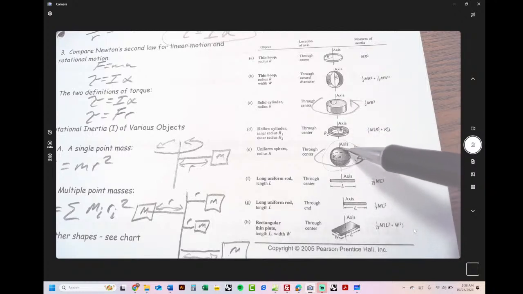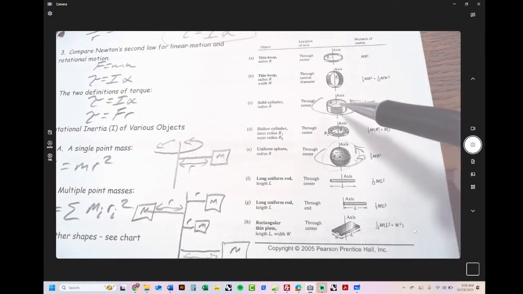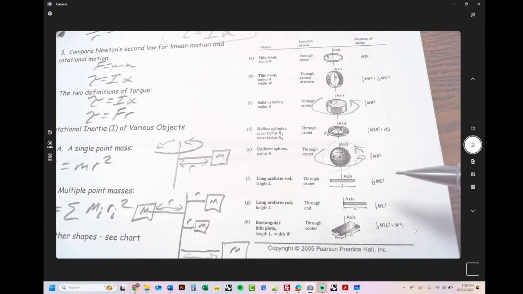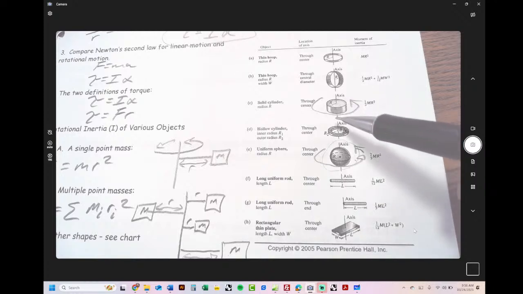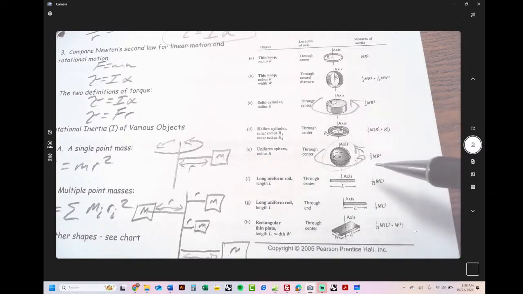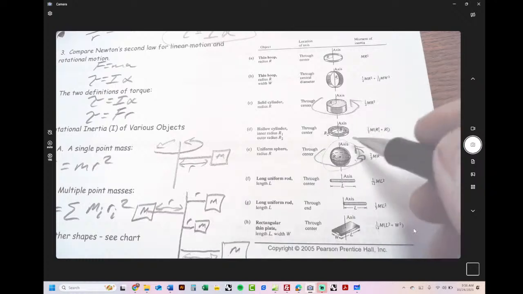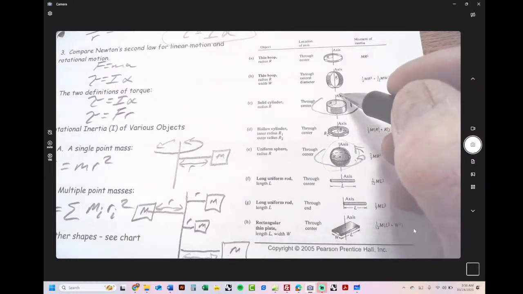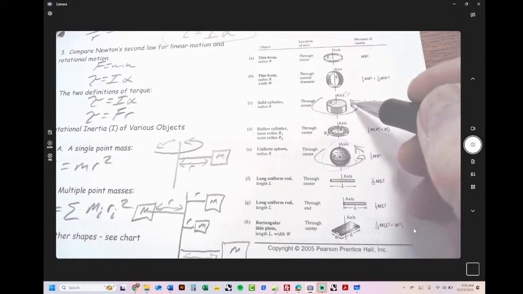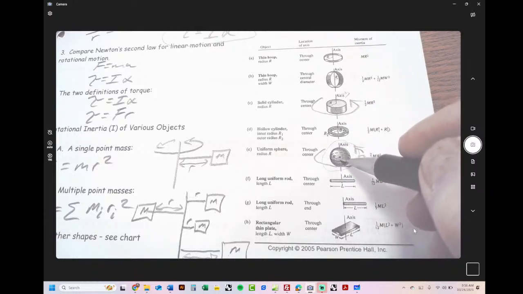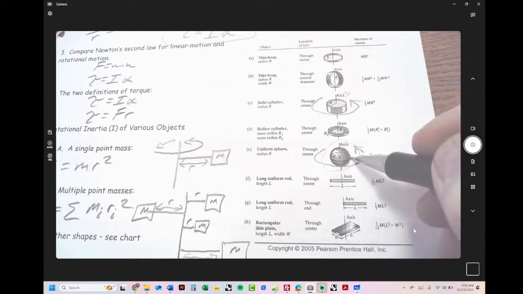Look at how it's distributed there. Which one of these has a higher proportion of its mass close to the axis? Which one's thickest at the axis is maybe another way to say this. If you start at the axis and you go out, this one's equally thick the whole way. But if you start at the axis and go out with the basketball, it's this thick and it tapers off.